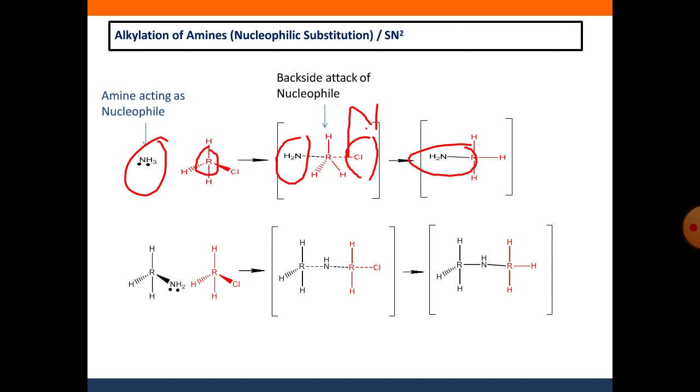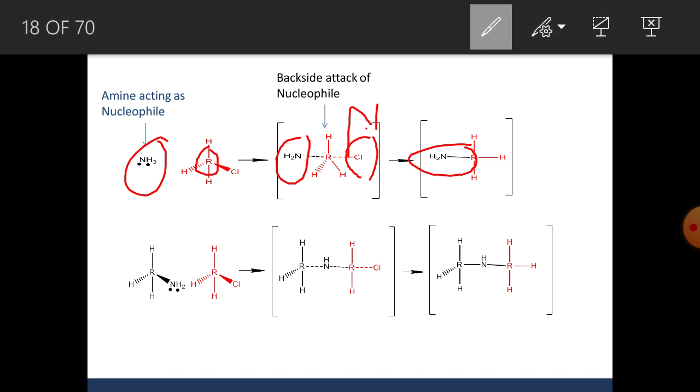Instead of OH minus, we are using ammonia or amine. Here we are using primary amine. So similarly, primary amine also undergoes the same reaction. NH2 acts as an electron rich nucleophile. It attacks the electron deficient R from the backside.